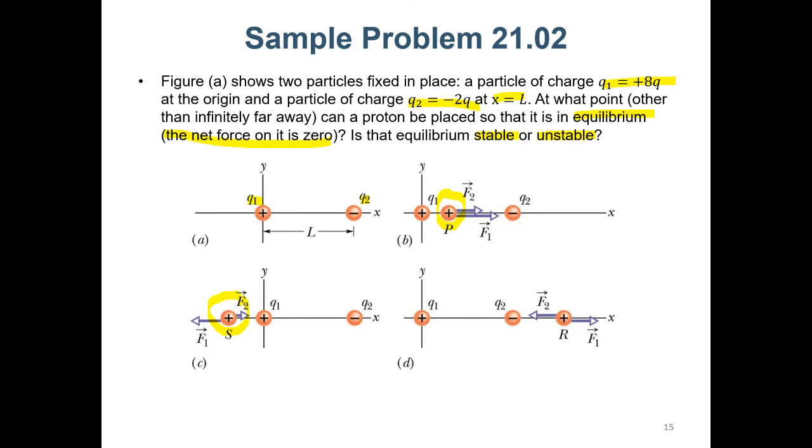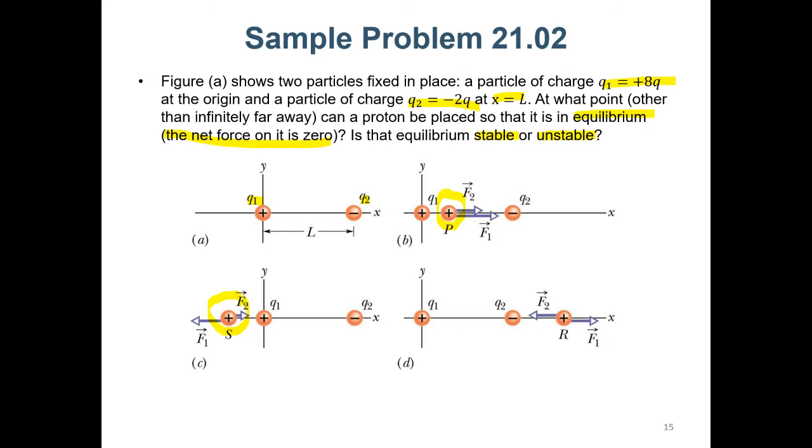So there are 3 cases. The first case is I put a positive charge in between, or I put it on the left side, or I put it on the right side. So for the first case, if I put it in the middle, you know that Q1 is positive, Q2 is positive, so that they repel each other, which means that F1 points to the right side.